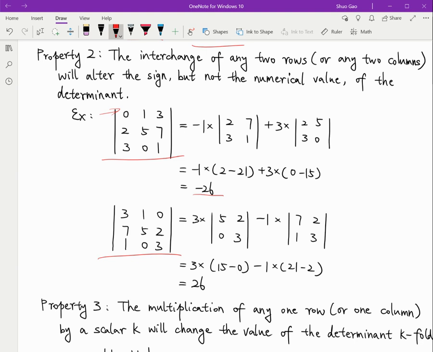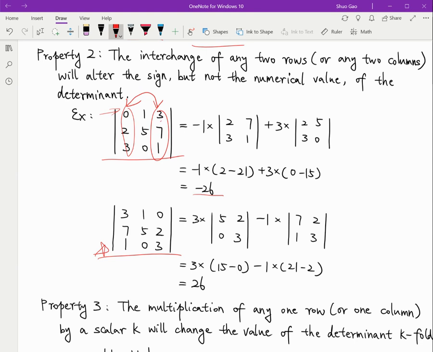And so if we interchange the first column and the third column, the first column is now the third column, and the third column is now the first column. So they should be 3, 1, 0, 7, 5, 2, and 1, 0, 3. It becomes the second matrix here.